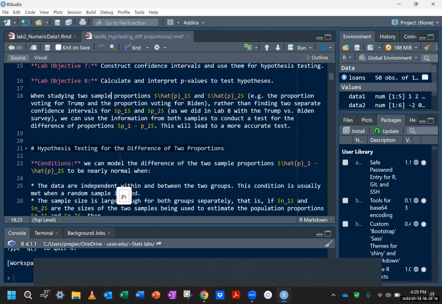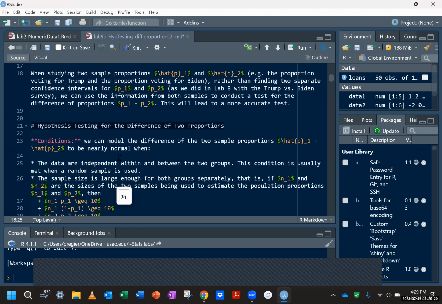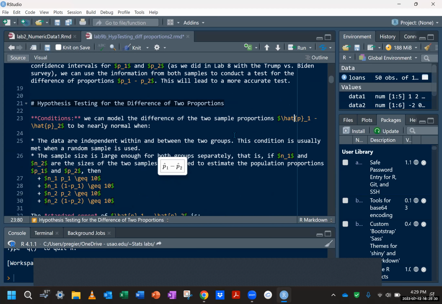So the question is, when can we apply our central limit theorem? In other words, when can we say our proportion difference that we're studying is nearly normal? So this will occur when the data within the two groups is independent and the data between the two groups are independent. So this is met if we're randomly sampling and then randomly placing them in two groups, or if they're two primarily different groups, randomly sampling from both groups, but independently.